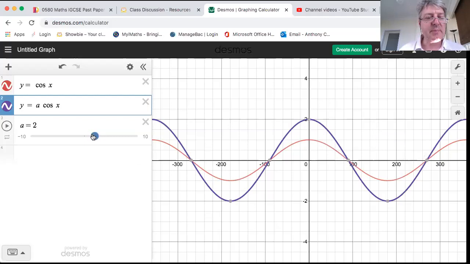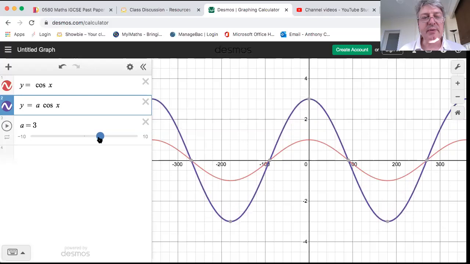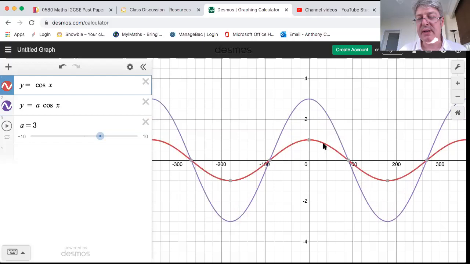We can see this happen even more obviously if we move it across and we let the value be 3. And here, look, you can see that 1 times 3 is 3, 0 times 3 is 0, 0 times 3 is 0. This value here, whatever it is, 34 degrees, 0.829. If we were to multiply the y value by 3, we're going to get roughly 2.49.